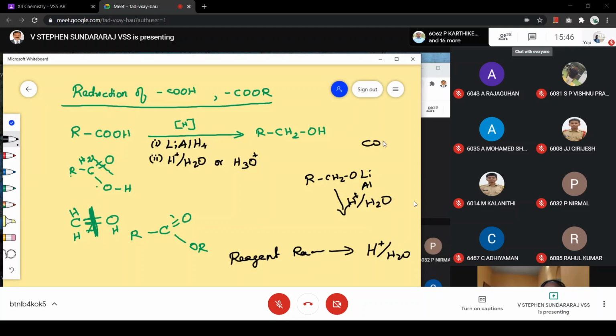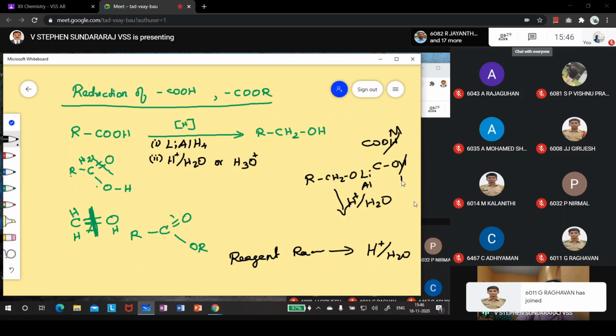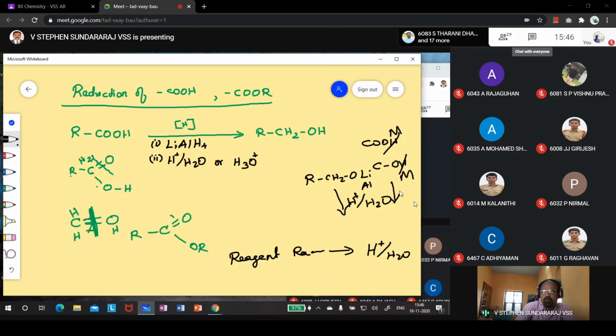Even if the product is COOH, the metal will come. If it is COH also, the metal will come in place of H. So definitely you have to do one step, that is hydrolysis. Don't forget. Write it as a note somewhere.